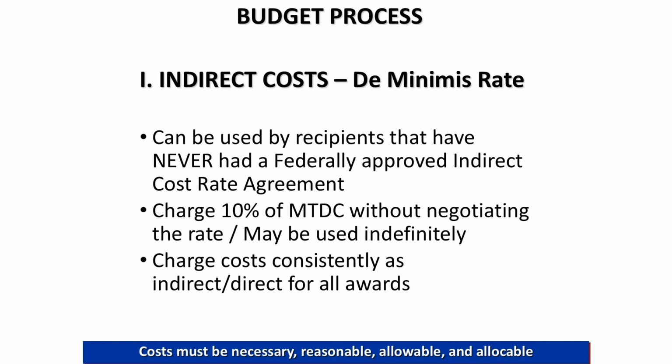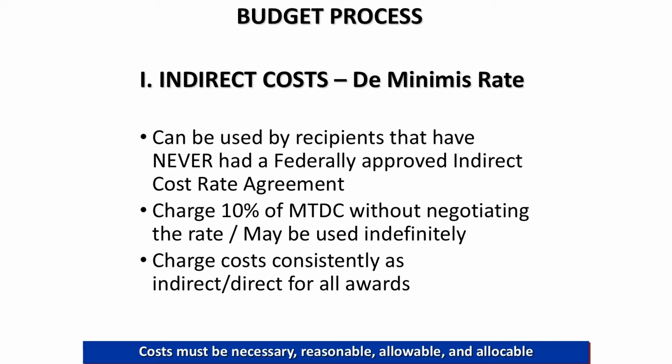If you're using the de minimis rate, the key to use the de minimis rate is that a recipient must have never had an approved indirect cost rate in the past. So I say never and stress this because if I've had an approved indirect cost rate in the past and it expired and it has been expired for 10, 15 years, I cannot use the de minimis rate because I must have never had an approved indirect cost rate.